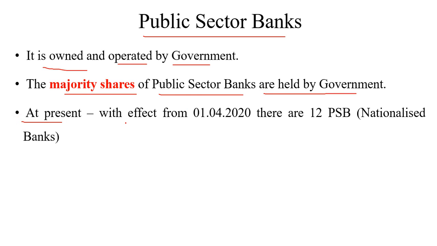At present, with effect from 1st April 2020, there are 12 public sector banks, that is nationalized banks. Before 2020, there were 19 nationalized banks, but from 1st April 2020, there are 12 public sector banks.